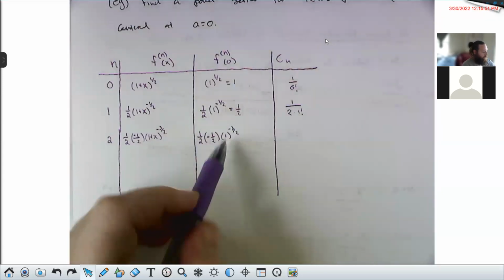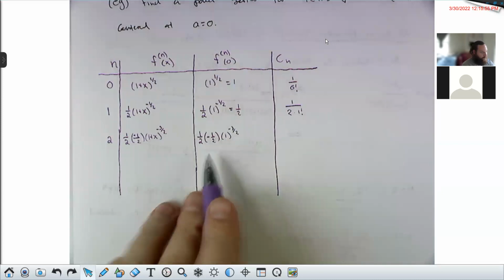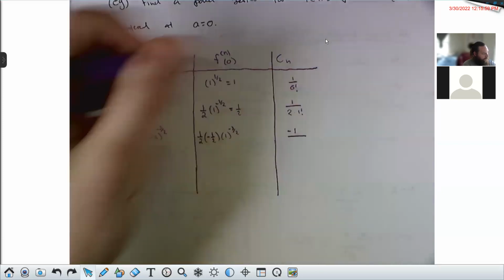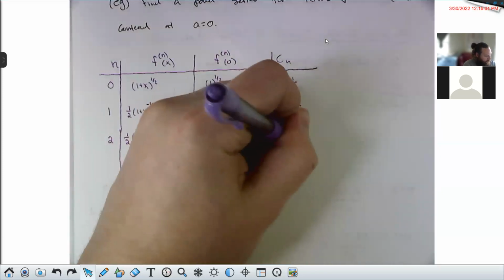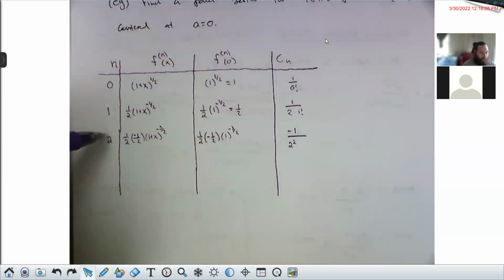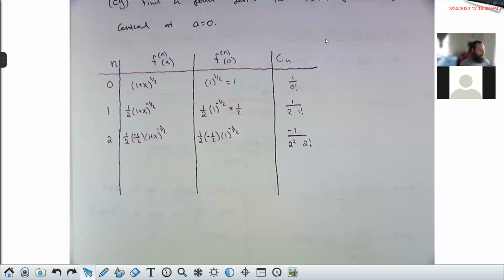This piece is just 1. So we're going to have 1/2 times negative 1/2. So that's negative 1 divided by 2 times 2, which is 2 squared. And then we divide through by n factorial. So there's going to be a 2 factorial here.